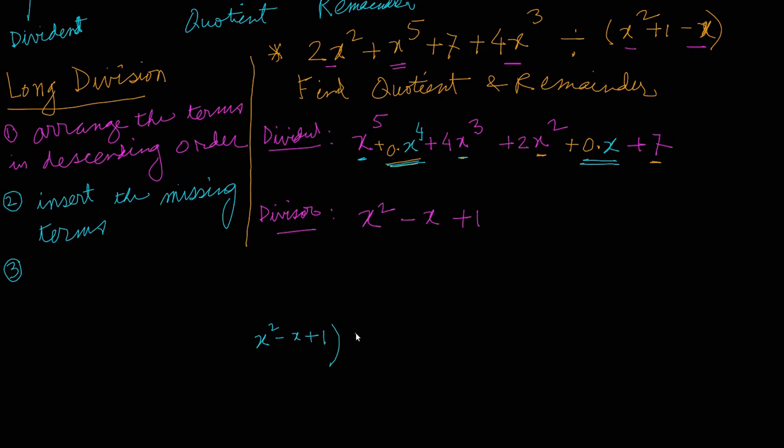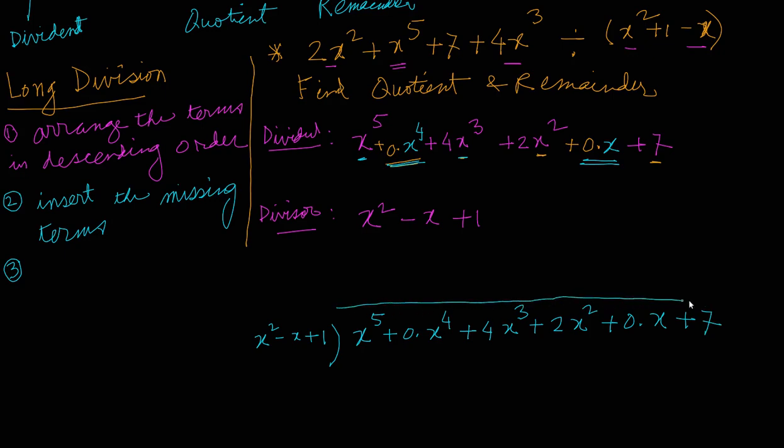My dividend is x power 5 plus 0 multiplied by x power 4 plus 4x cube plus 2x square plus 0 multiplied by x plus 7. All right, and I'm going to put a line at the top of this. So I already set up my problem.